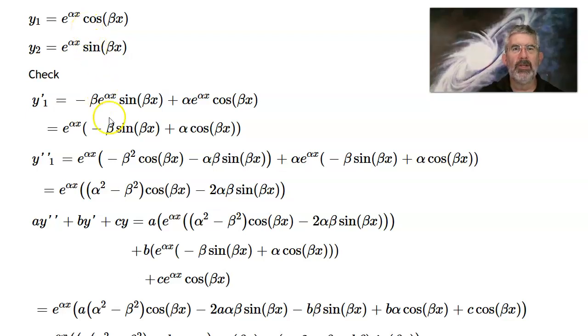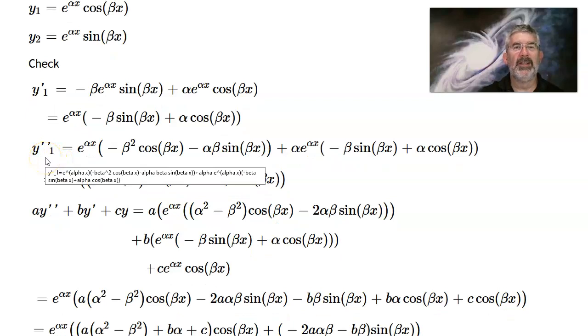So the first derivative is there's the e to the alpha x times the derivative of the cosine of beta x, so there's a minus beta sine. And then the derivative of the exponential part times the cosine. Just because I know what I'm going to do with it next, I'm going to factor out the e to the alpha x, leaving the sines and cosines added together inside here.